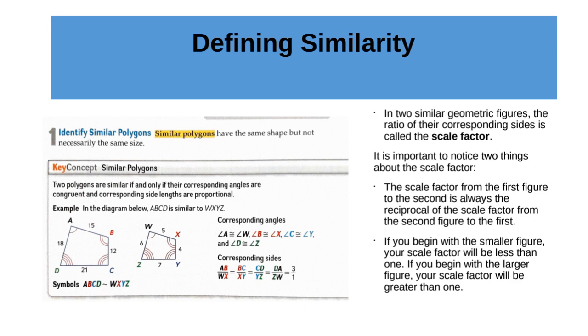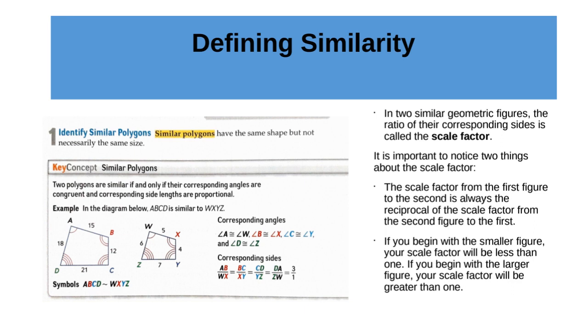It is important to notice two things about the scale factor. The scale factor for the first figure to the second is always the reciprocal of the scale factor from the second figure to the first. In the previous example, the scale factor of ABCD to WXYZ is 3 over 1, and if we want to find the scale factor of WXYZ to ABCD, that would be 1 over 3.